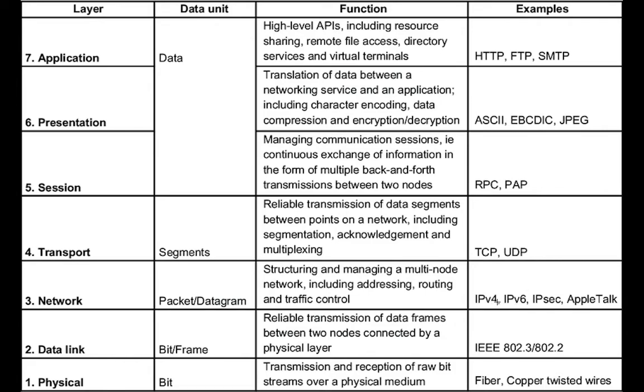For that we have 2 versions, version 4 and version 6, and then the TCP and UDP protocols, remote procedure calls, and some standards in order to transfer. These are the services we use to transfer the data using applications. So this is about your OSI model, the 7 layers of the OSI model.